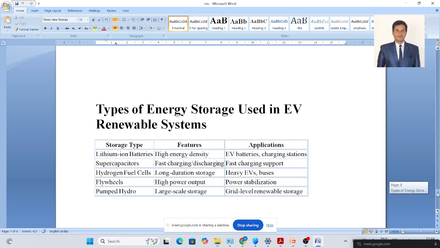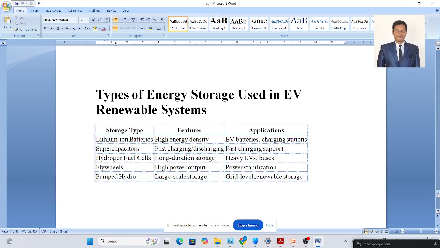Now the types of energy storage which are used. We are using capacitors, lithium-ion batteries, flywheels, and pumped hydro also, right? As I told, lithium-ion batteries are especially used in EV batteries and charging stations, right? Supercapacitors are used for fast charging and fast discharging, especially in charging support for the power grid also, right?